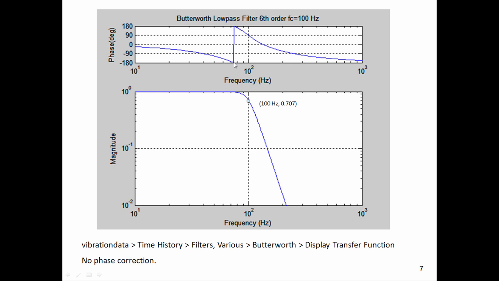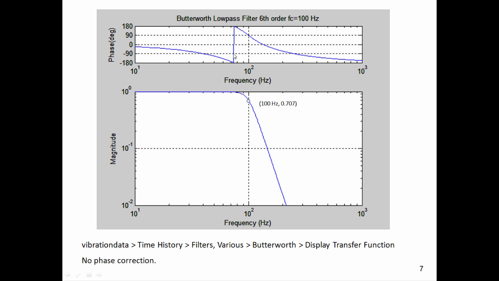At about 75 Hertz or so, there's a sort of wraparound effect that occurs. So if we plot from minus 180 to 180 degrees, there's a jump that occurs. But we have some concern about that phase, the potential phase distortion that's going to occur.